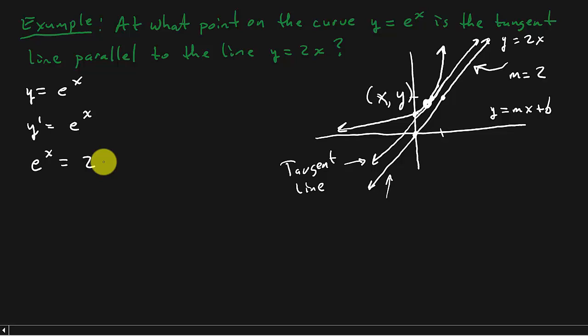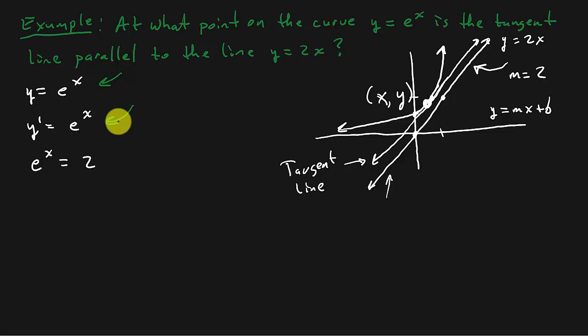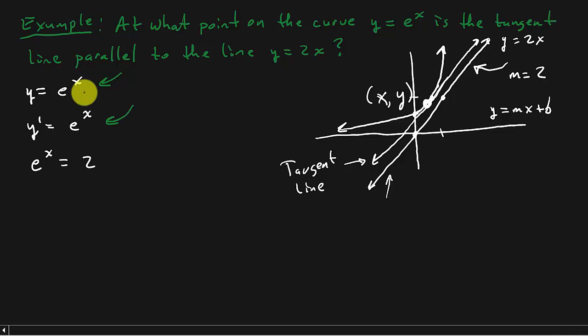Now, I know you may think this is stupid, me showing you this, but I want you to understand that the e to the x that I'm setting equal to 2 is not this one. It's this one. I realize that they're the same, but when you're taking derivatives, it's not always going to be the same thing.